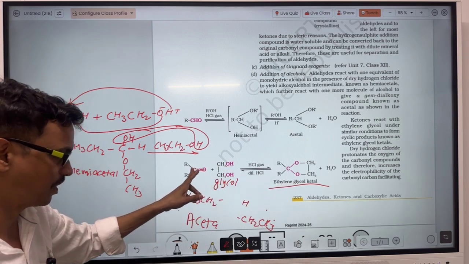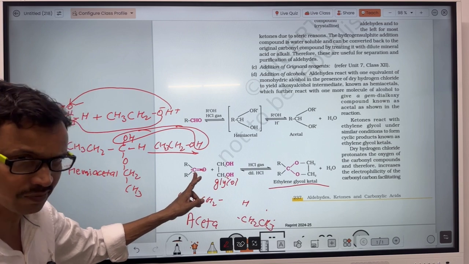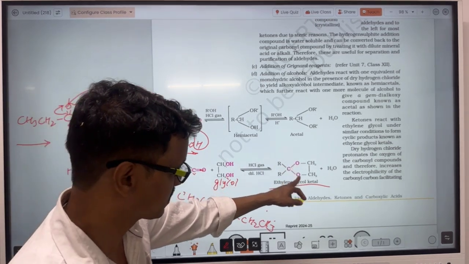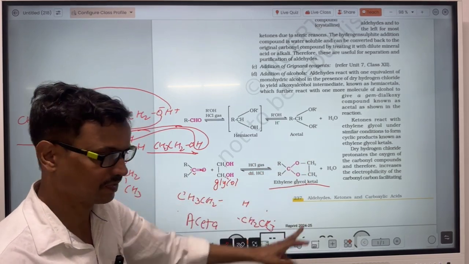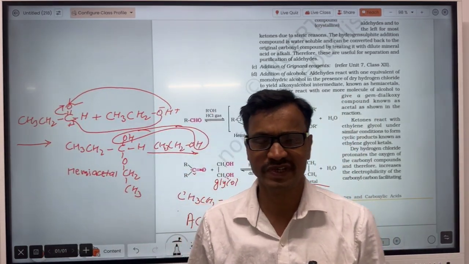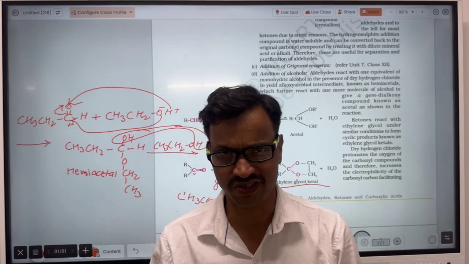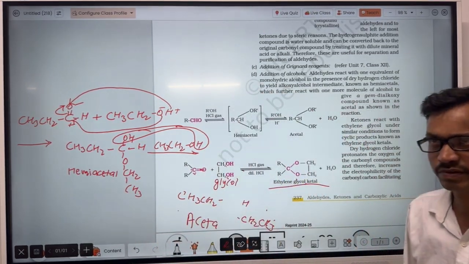So this oxygen will be bonded to this carbon through a single covalent bond, and this oxygen will bond to this carbon through a single covalent bond, and then CH2 between both of them. So there is a formation of a ring. So the ketone will react with dihydric alcohol, and there will be formation of ketal.